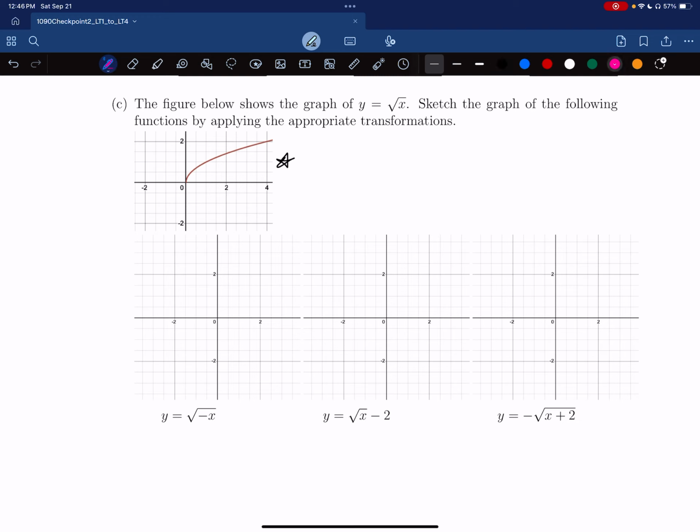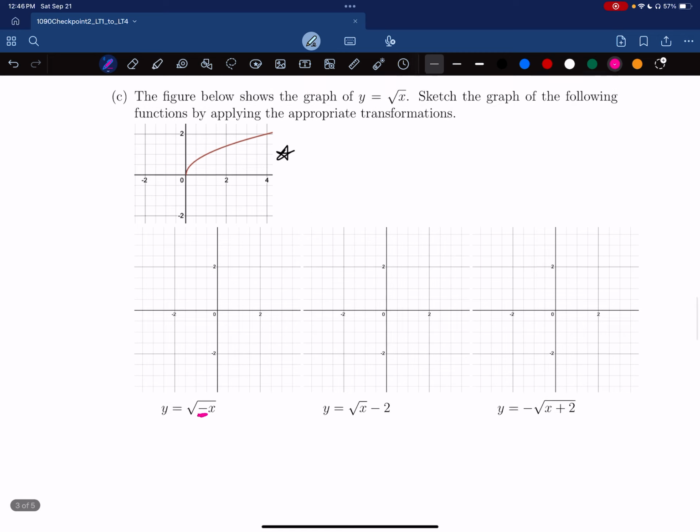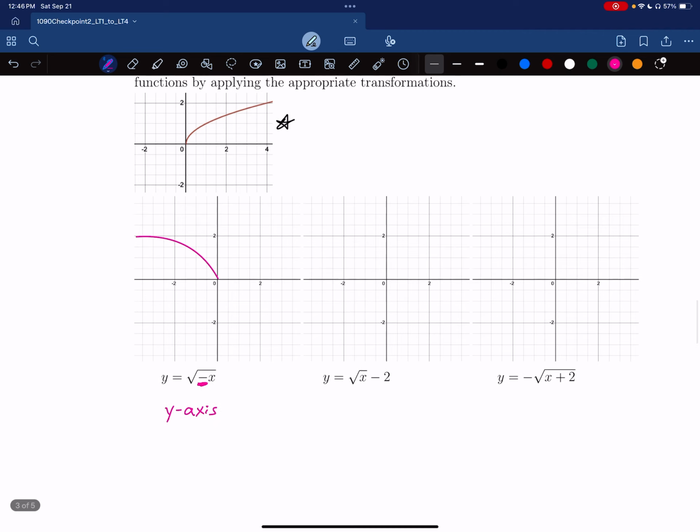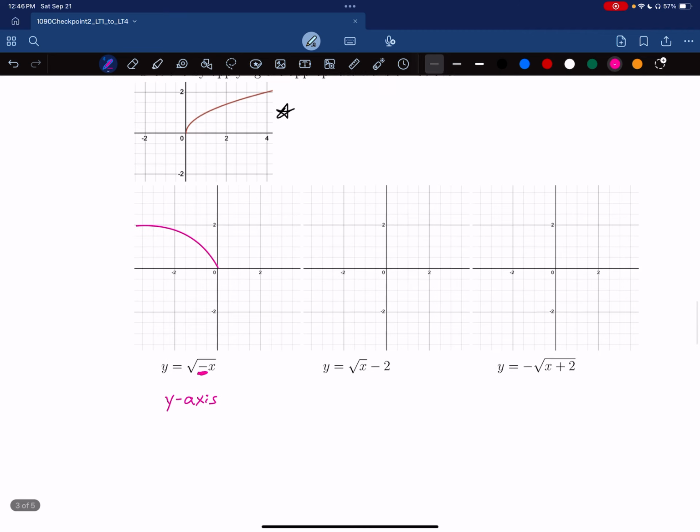So this negative is inside the function, which means we will end up reflecting it about the y-axis. So this basically just means you're going to be drawing it the exact same, but around the y-axis. Apologies for my artwork there. That's somewhat similar, but you get the general idea for that.